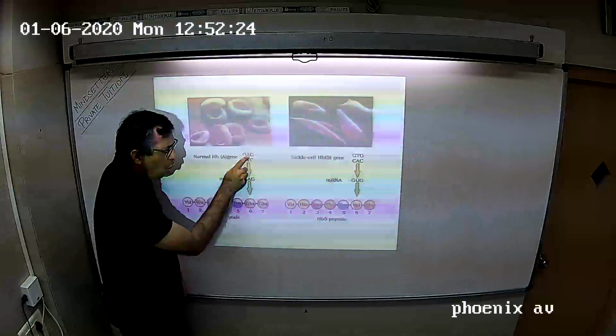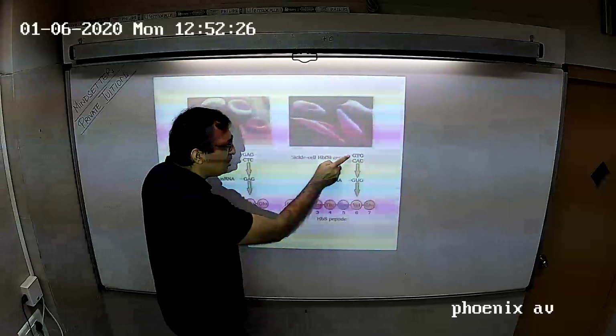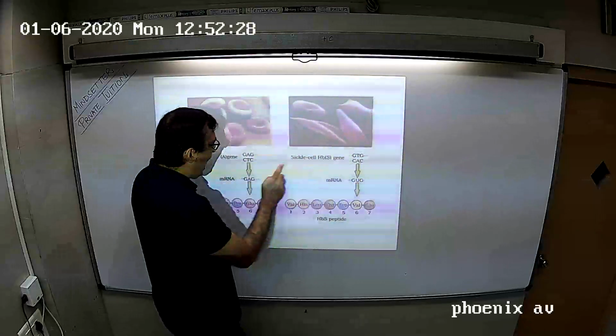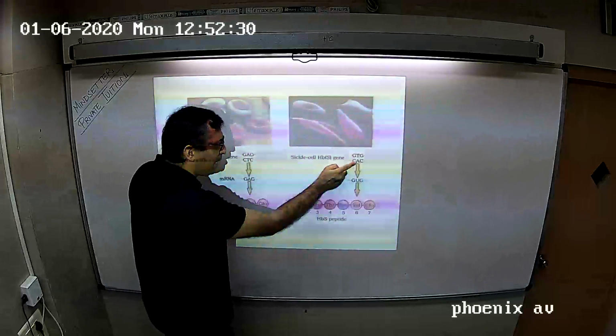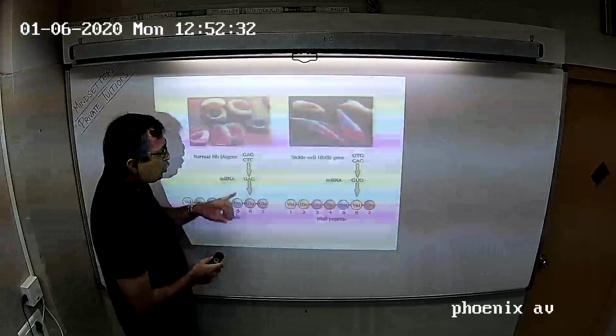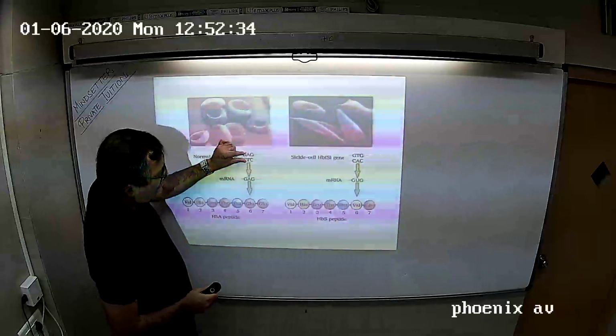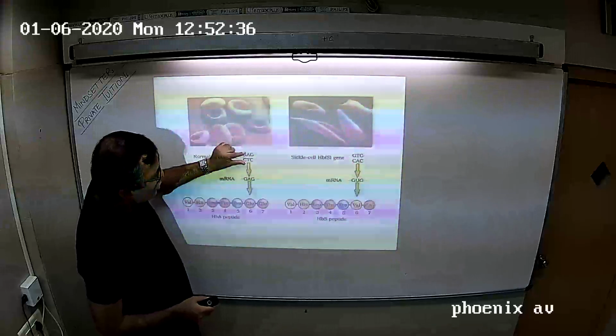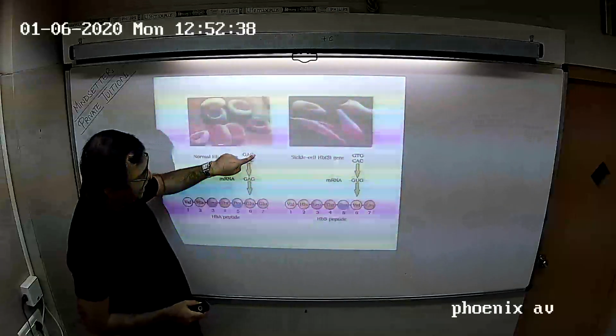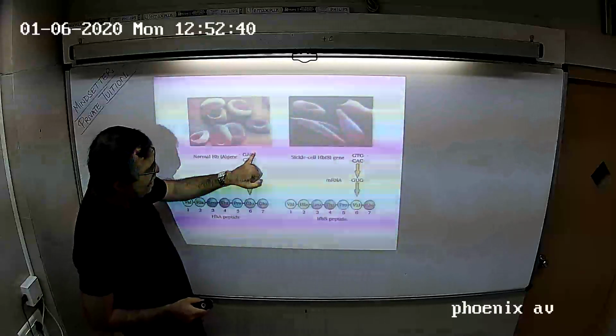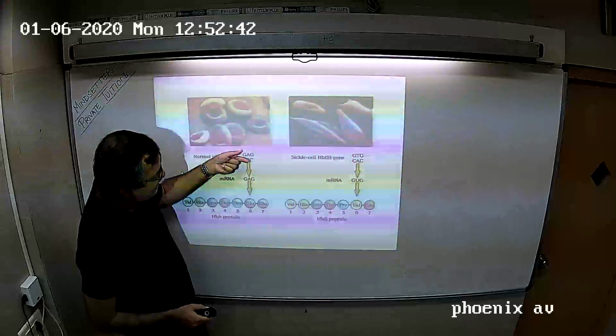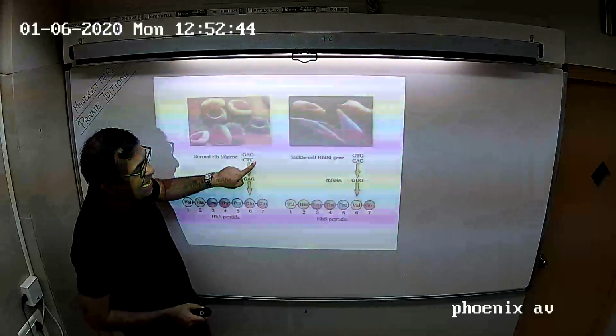So now this codogene becomes GTG, and this codogene becomes CAC. So what has GAG now become? GTG. GAG has become GTG and CTC has become CAC.